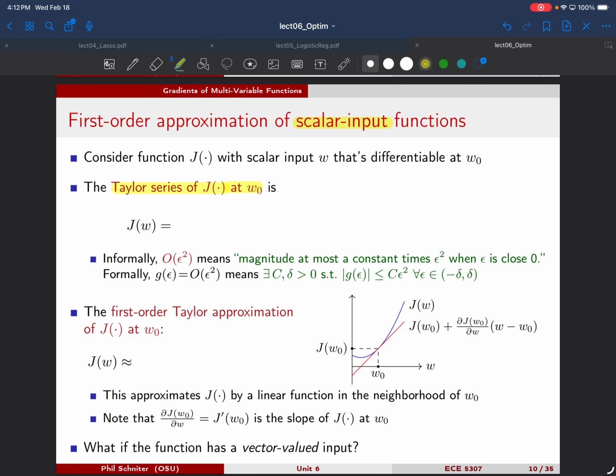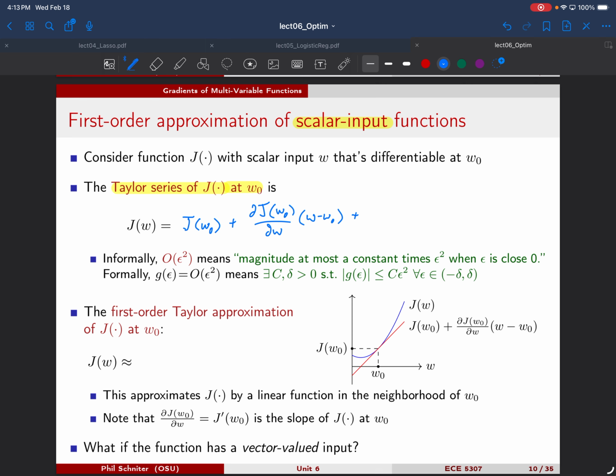So the Taylor series at the point W naught is going to be the function evaluated at W naught, plus the derivative of the function with respect to W evaluated at W naught times the deviation from W naught.